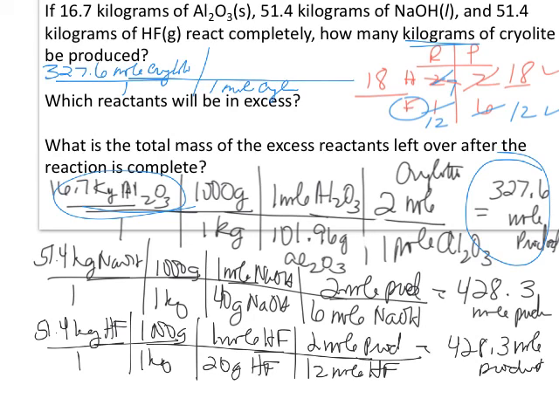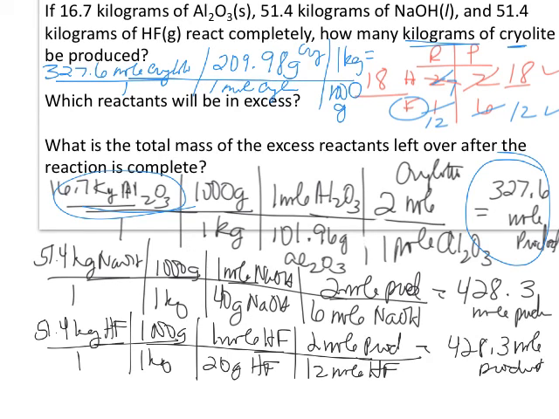You're going to have to add up the formula, which is 3 sodium, 1 aluminum, 6 fluorine, and that will give you a molar mass of 209.98 grams. I'm going to put cryo. But it wants kilograms. So then for 1,000 grams, we have 1 kilogram.